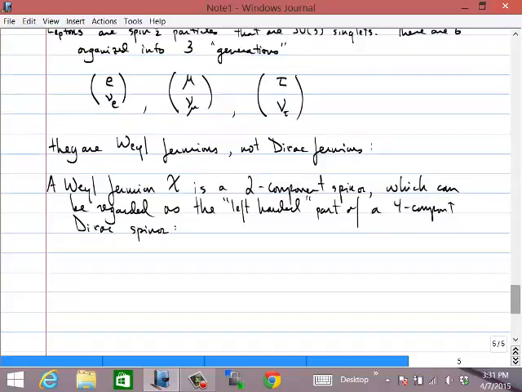In particular, if you start with a four-component Dirac spinor psi, then its left-handed part is PL times psi, where PL is the projection operator that projects onto left-handed particles, those with gamma 5 equal to -1. And in the Weyl basis, this is just the top component of psi.